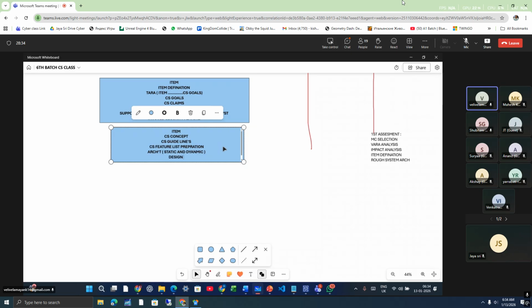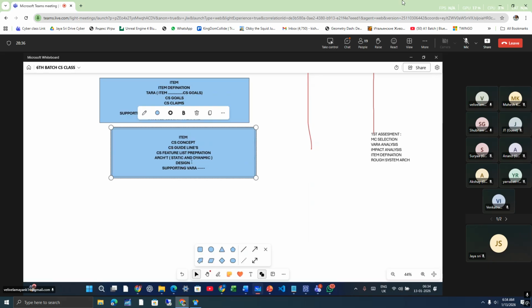And they will be involved in the HSI discussions for analysis as well. Then these all will come under the architect groups.